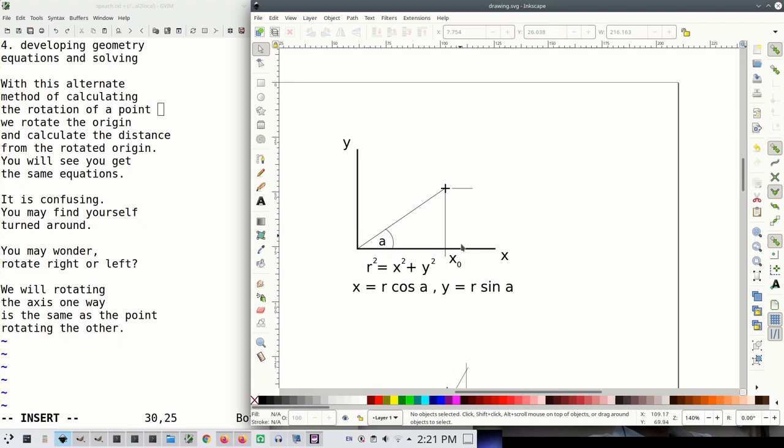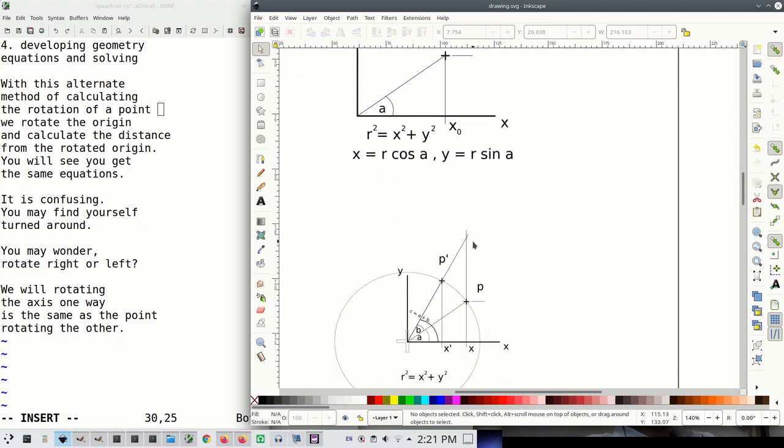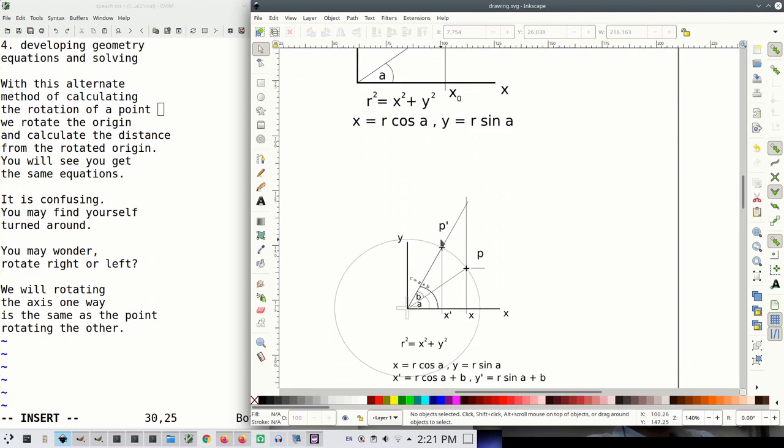Then we added a second point, and we made another right angle triangle, and that's our rotated point, rotated by b degrees. Now we have two triangles.